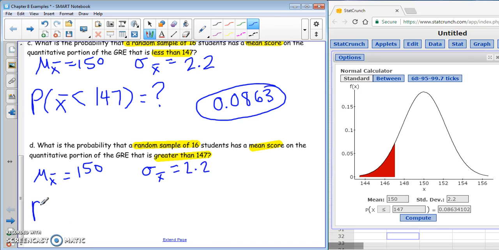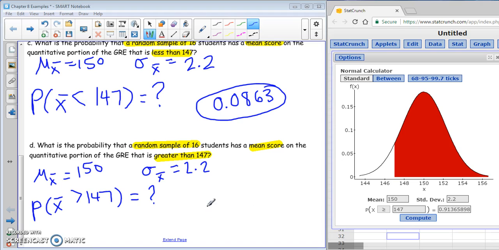And we're looking for the probability that x bar is greater than 147. So I'm going to change this to greater than and compute.